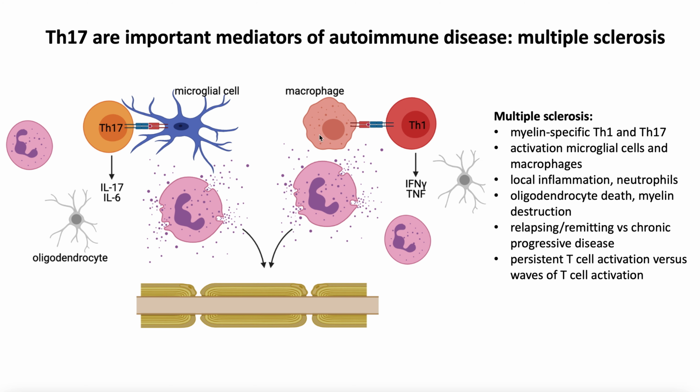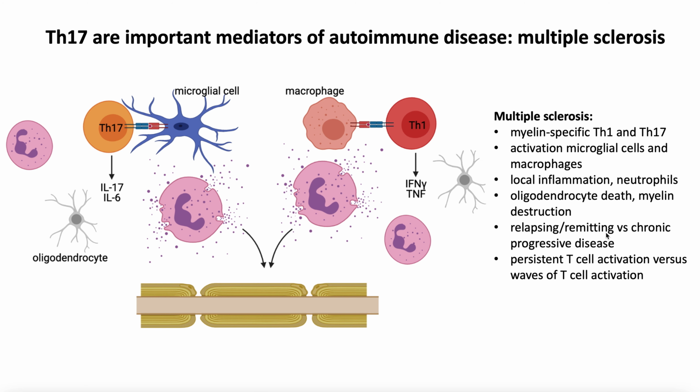And microglial cells and macrophages within the CNS can present myelin antigens to these Th17 cells, which can then drive a cycle of inflammation within this site that leads to destruction of this myelin sheath and the resulting symptoms of multiple sclerosis. This is mediated in large part by neutrophils and other immune cells, and can lead to death of oligodendrocytes.